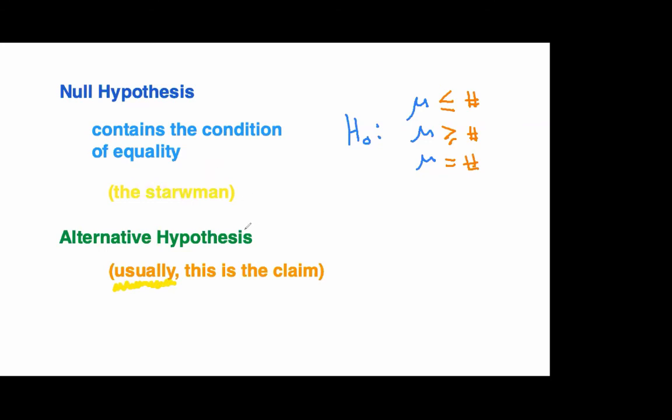That was the example where we said the class was adequately prepared. Adequately prepared meant a score of 12 or above, so greater than or equal to 12. That was a case where the condition of equality was in the claim itself. Okay, but usually that's not the case.